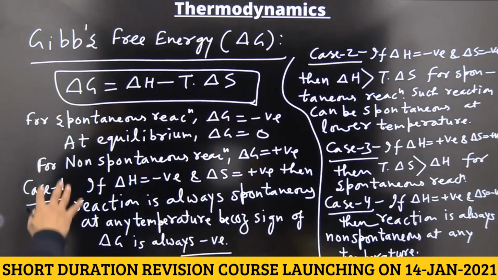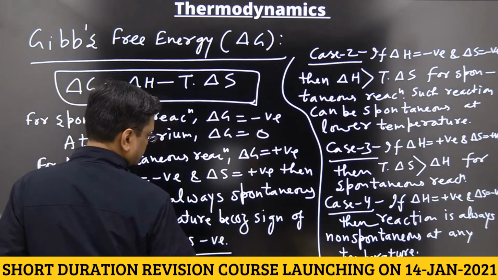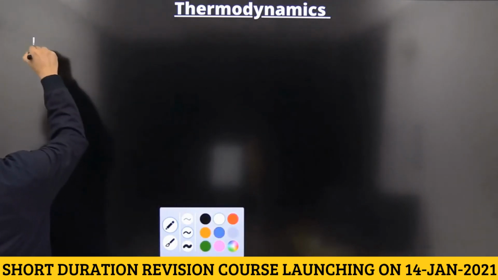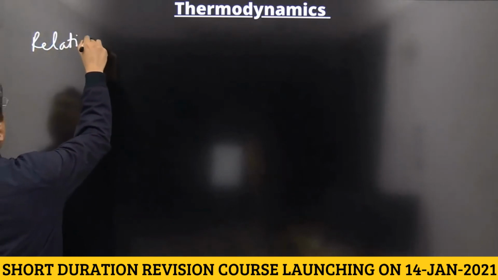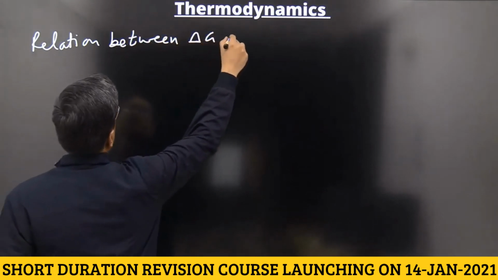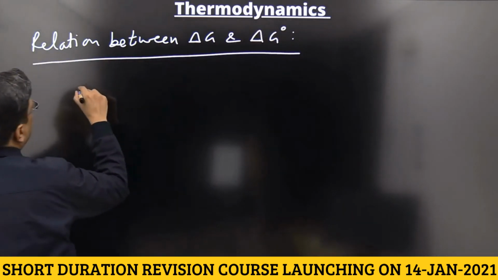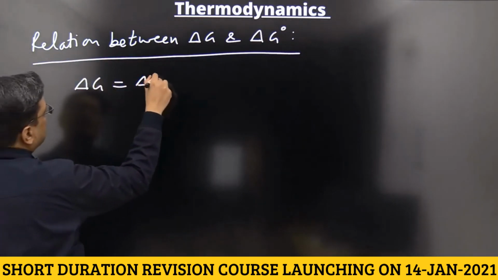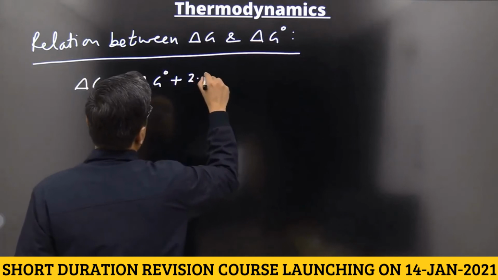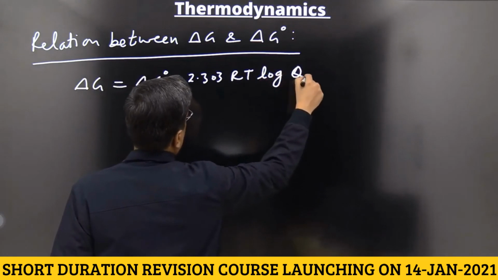The relation is delta G is equal to delta G naught plus 2.303 RT log base 10 Q. Q is the reaction quotient.